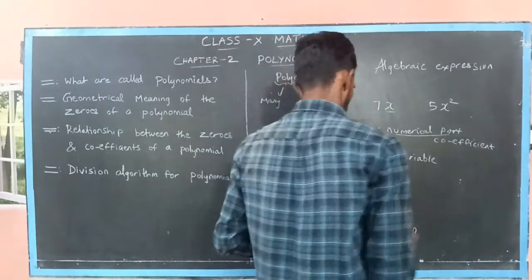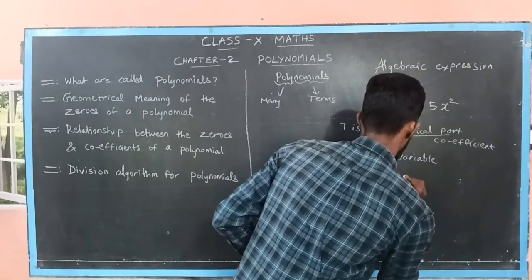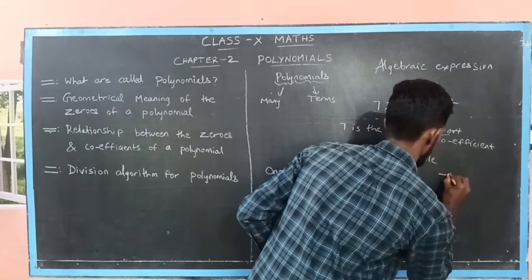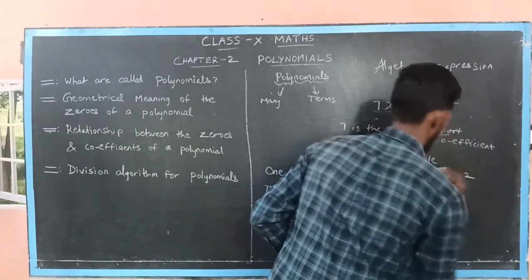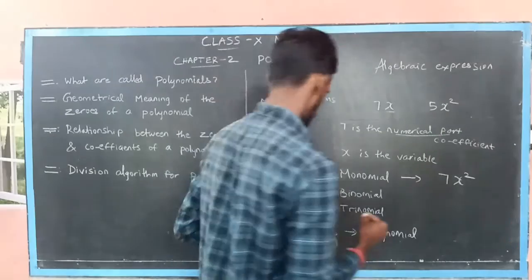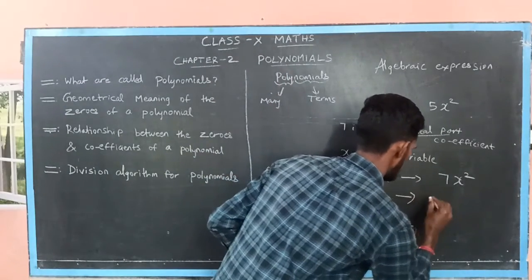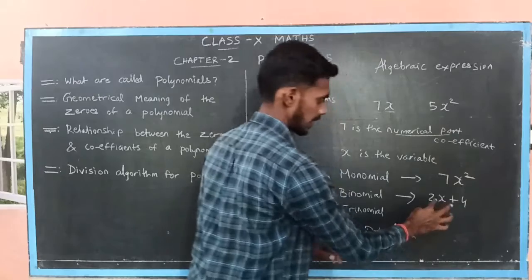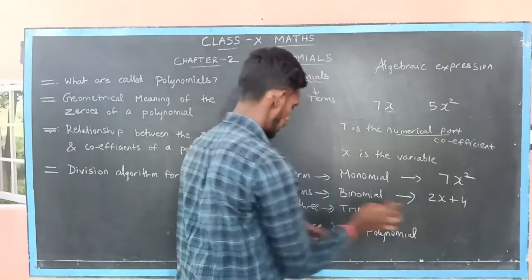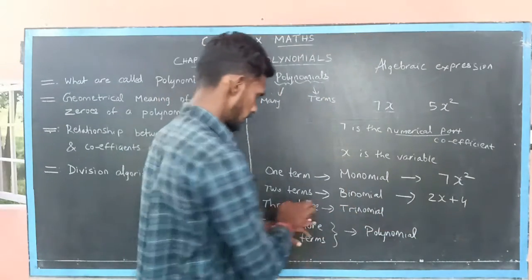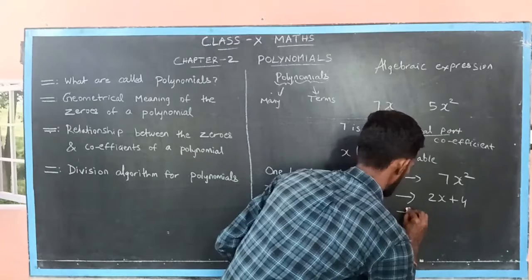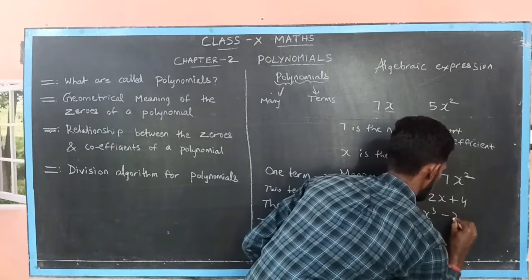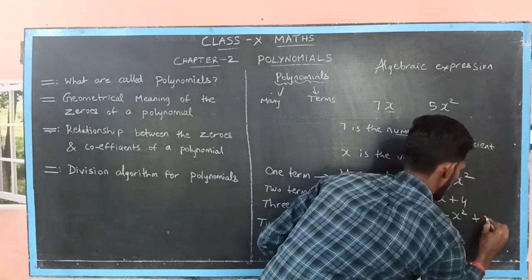Let us see an example in each category. For monomial, we can write 7x square. For binomial, 2x plus 4. Here it has two terms, so it is binomial. Then trinomial, x cube minus x square plus x.